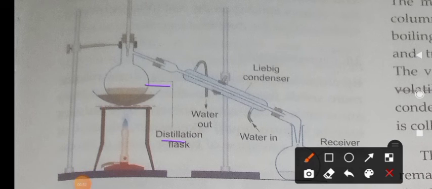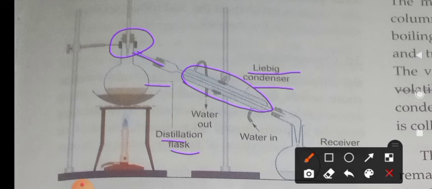The mixture is taken here and it is heated, and the mouth of the container is closed tightly with a rubber cork, and there is an outlet. This outlet is connected to a tube and to a Liebig's condenser. It is a tube-like structure, and that is called the Liebig condenser.